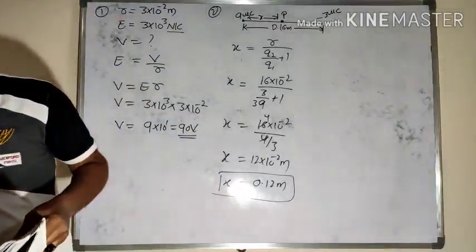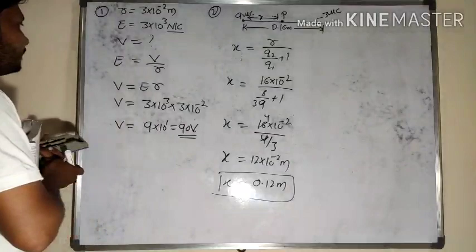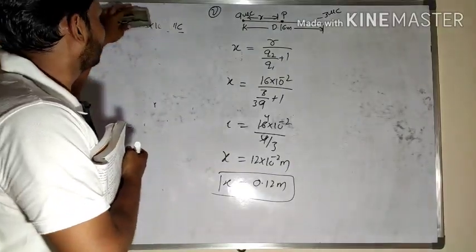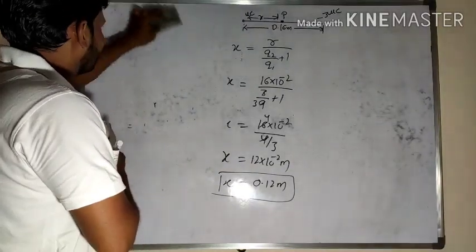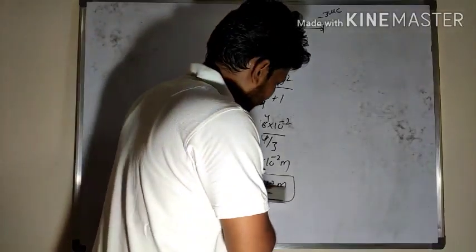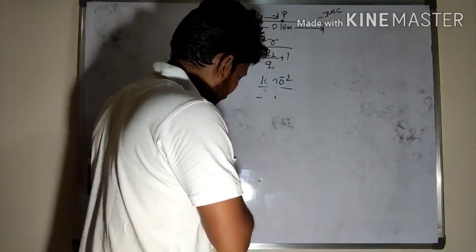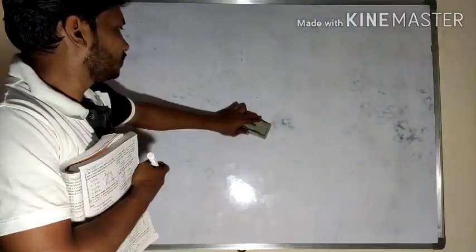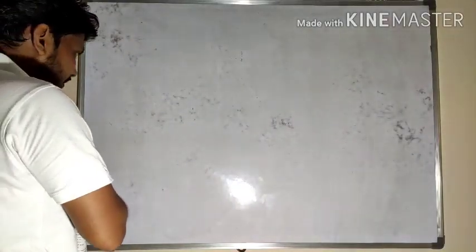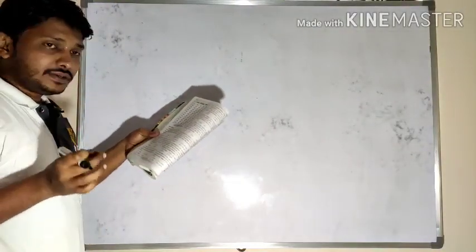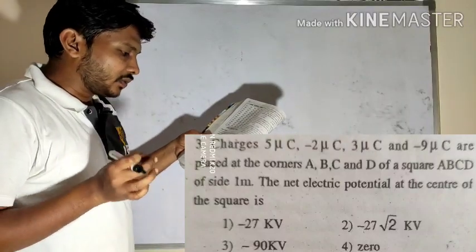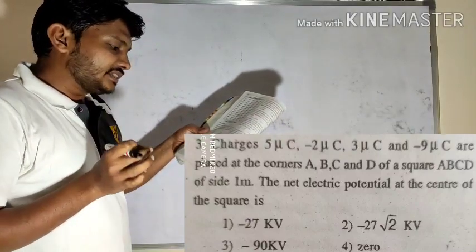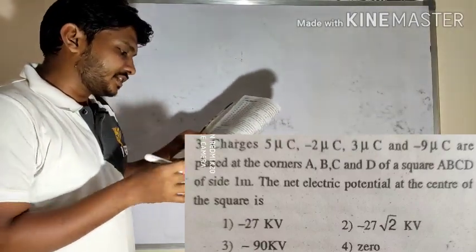Next one. Look at the third one. Charges 5 microcoulomb, minus 2 microcoulomb, 3 microcoulomb and minus 9 microcoulomb are placed at the corners A, B, C and D of a square ABCD of side 1 meter.